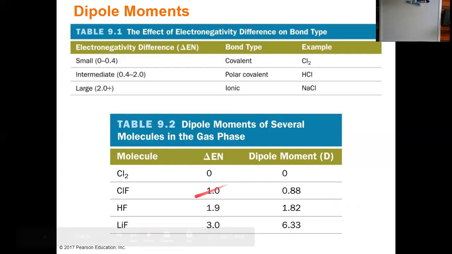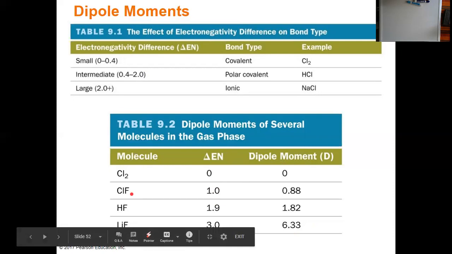When you have something like ClF, you have an electronegativity difference of 1. Well, that falls right into that polar covalent category, and your dipole moment between them is 0.88. It's not huge, because they have very similar electronegativities. Our charges are identical.